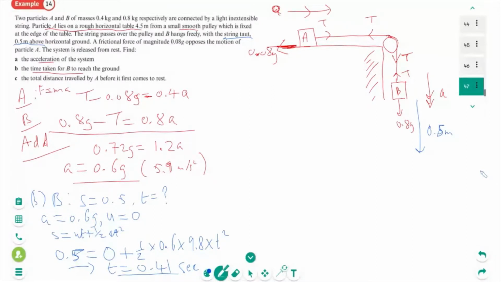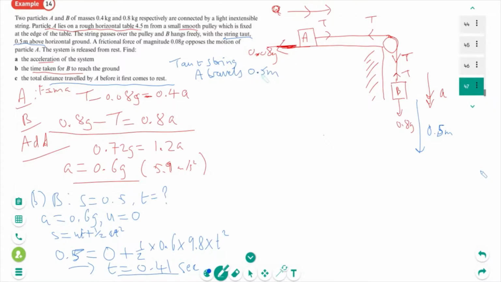So the first part of the total distance: when the string is taut, when there's tension in the string, A travels 0.5 meters, the same as particle B. That's when the string is taut.